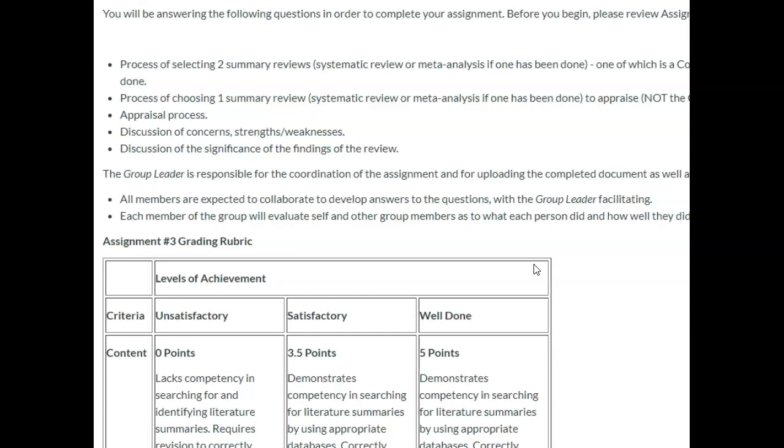Discuss your concerns, strengths, and weaknesses of the summary. So that will be another heading. And then discuss the significance of the findings of the review. You may have a systematic review that has everything that is published about your topic, and it may only have three studies.